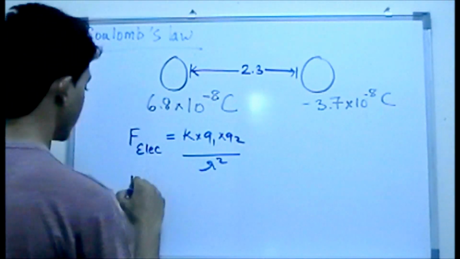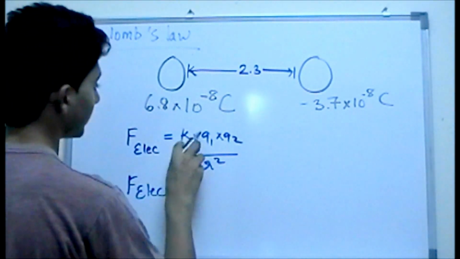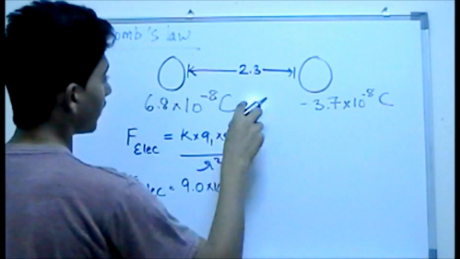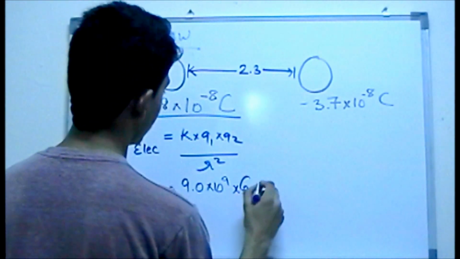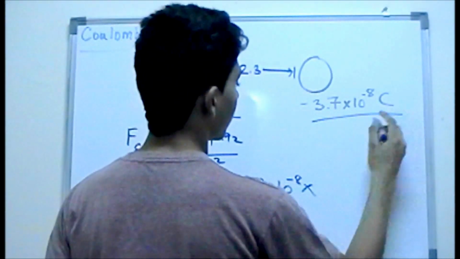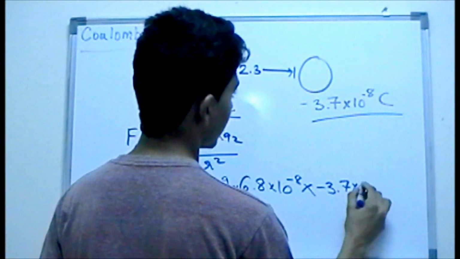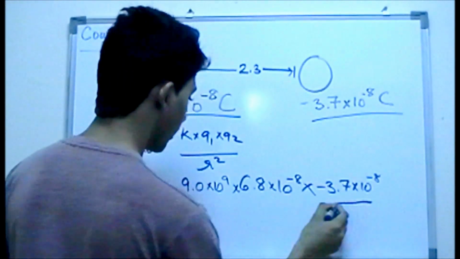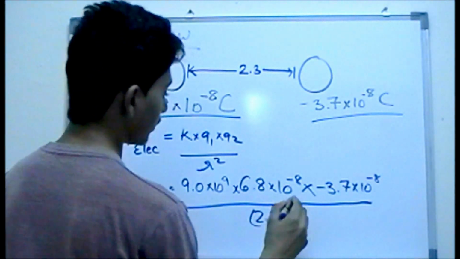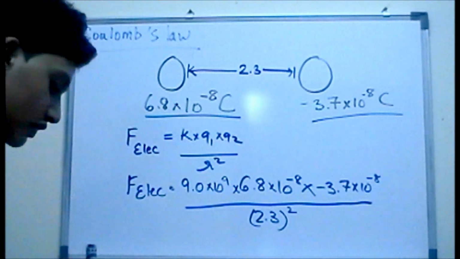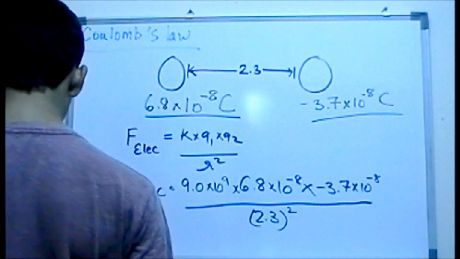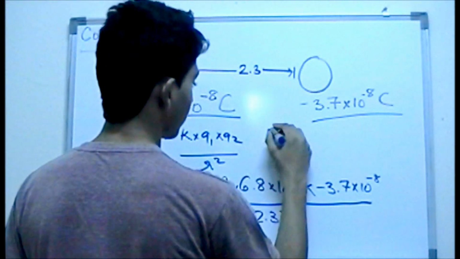So K is 9.0 times 10 raised to the 9th, times q1, which is 6.8 times 10 raised to negative 8, times q2, which is negative 3.7 times 10 raised to negative 8, all divided by 2.3 squared. When you do that, you get negative 4.28 times 10 raised to negative 6.